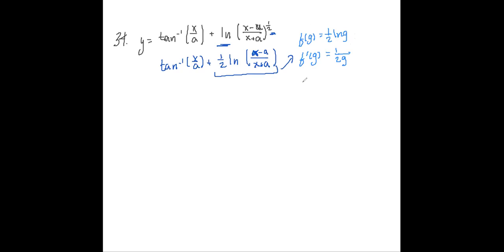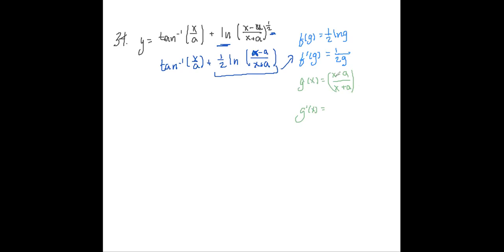So then we say g is going to be a function of x. It's going to be equal to x minus a over x plus a. g prime of x. This is one of those instances where we might just be able to piece it together a little bit.